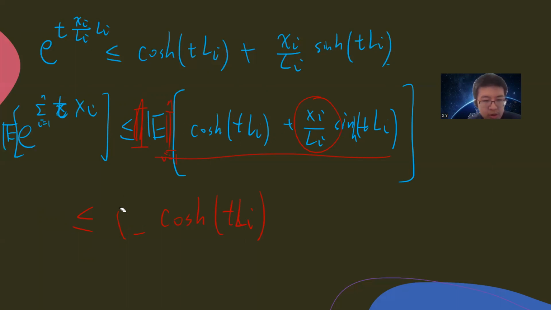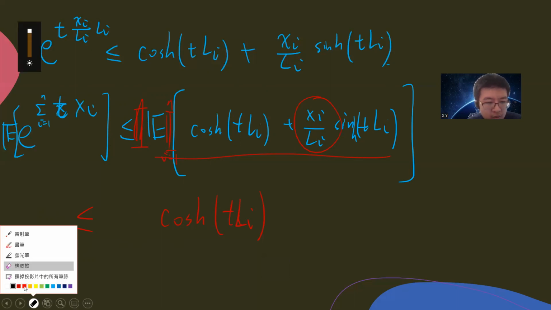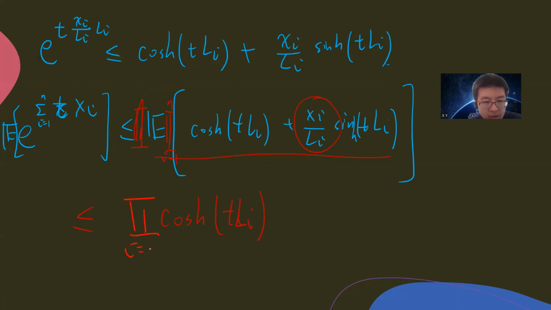So you don't need this, and your result will be the product, i from 1 to n, of cosh t li. And cosh t li is less or equal to exponential of t squared li squared divided by 2.